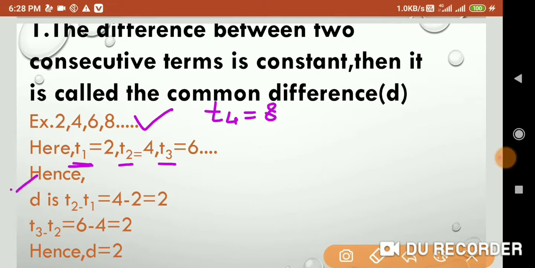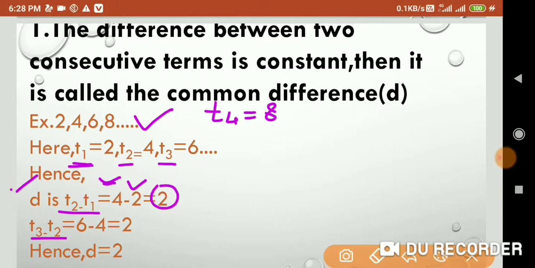Now, how to find the common difference d? For that purpose, we know that we have to take the difference between two consecutive terms. That means T2 minus T1. T2 is equal to 4 and T1 is equal to 2. Therefore, we take their difference. 4 minus 2 is equal to 2.